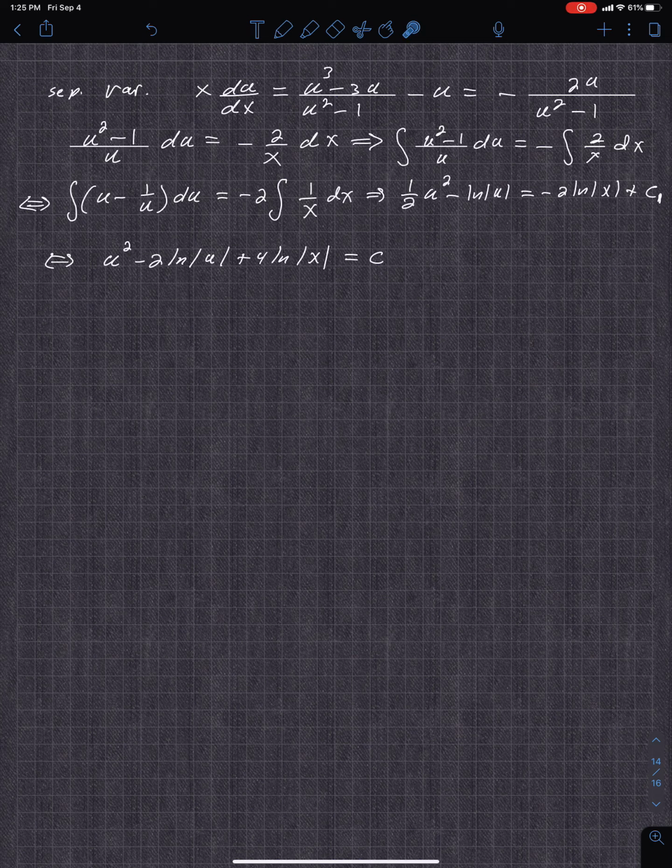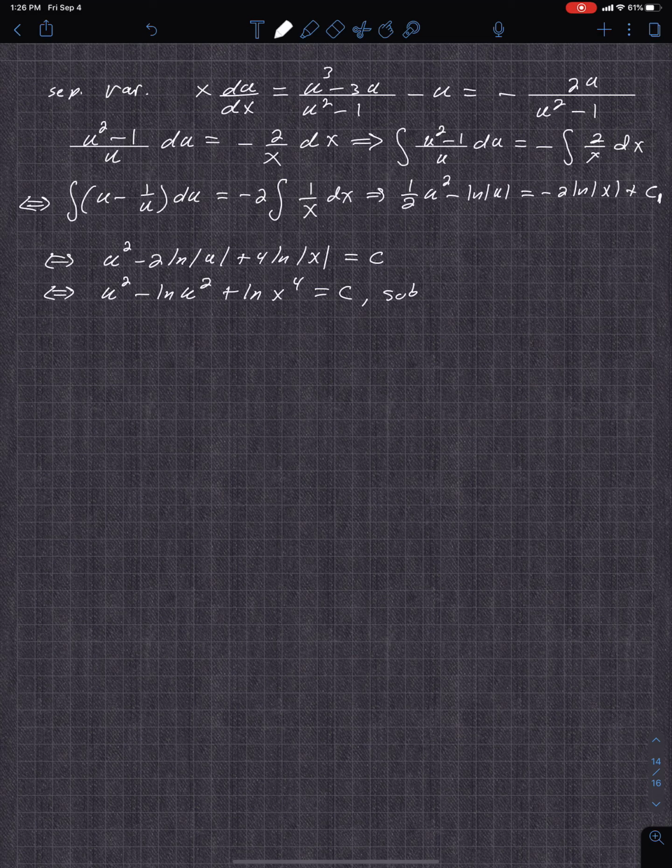Now, just like we did before, you can bring up the 2 and the 4 and get rid of those absolute values because you're taking an even power. So this is if and only if u squared minus ln u squared plus ln x to the 4th equal to c.